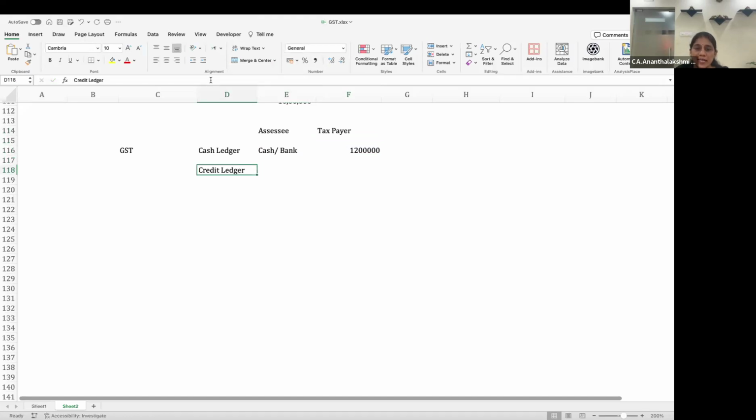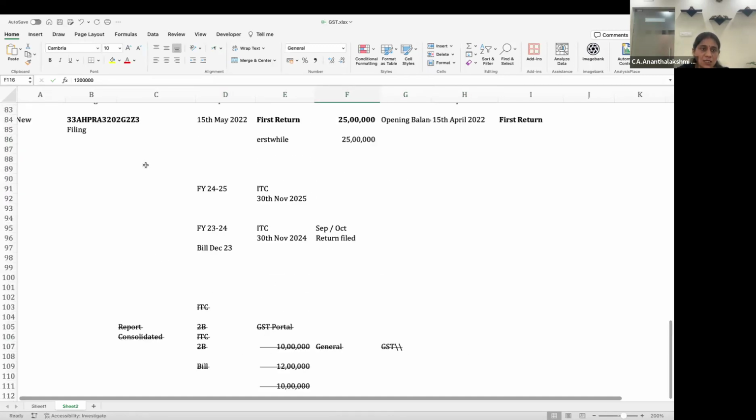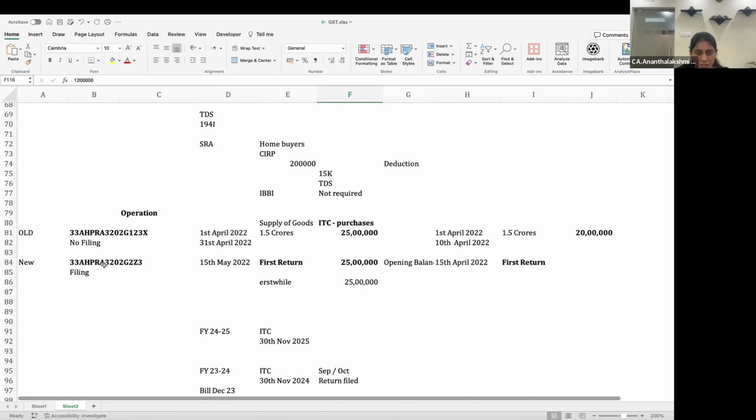With regard to credit ledger, it means the amount that has been accumulated through ITC, RCM. We call it the credit ledger. Here, what the Act says is that with regard to cash ledger, if the corporate debtor has any balance, this balance cannot be transferred from this GSTN number to another GSTN number.